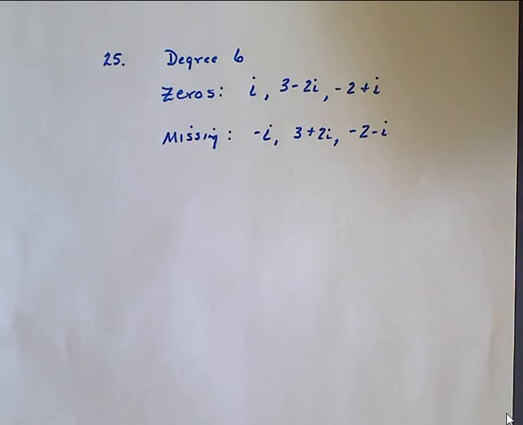There are 2 where you have to use numbers 28 and 29. You have to use your possible rational zeros list and then use synthetic division from there. They're both cubic equations, so you don't have to do that more than once before you break it down from there. So let's do number 29.